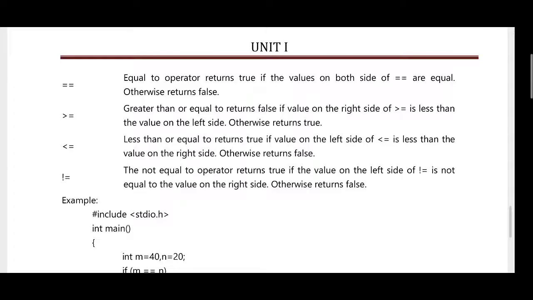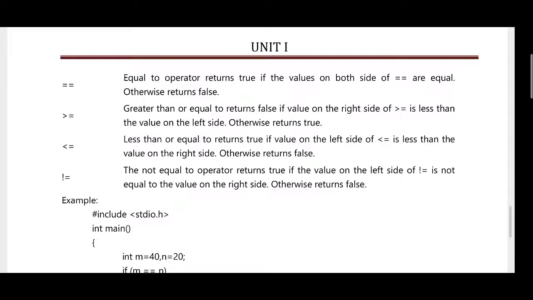Equal to operator returns true if the values on both sides of equal equal are equal, otherwise returns false. Greater than or equal to returns false if the value on the right side is less than the value on the left side, otherwise returns true.